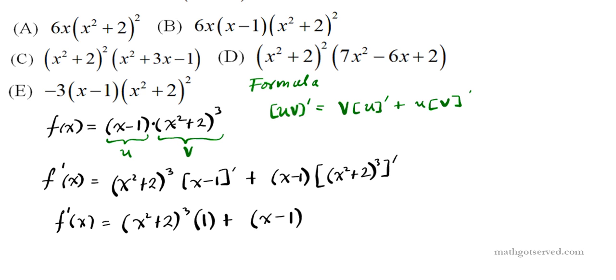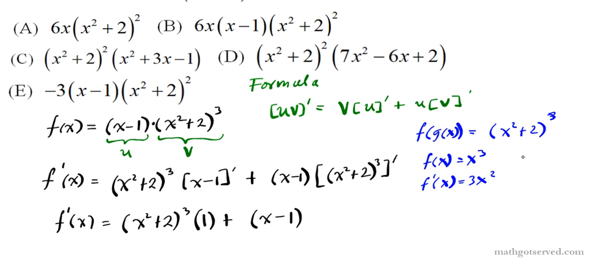In this case, let me just do some side work here. We have f of g of x, that is (x squared plus 2) raised to the third power. All right, so the outer function is f, which is x to the third, and its derivative is 3x squared.